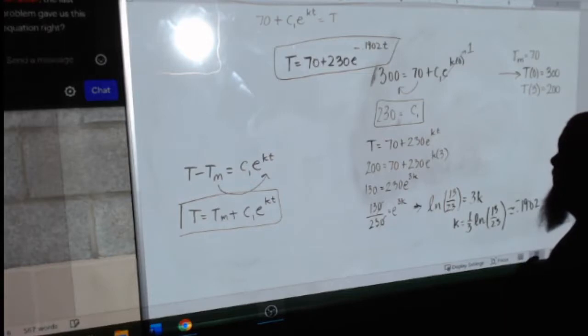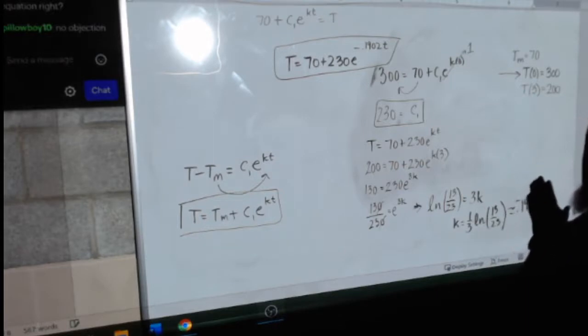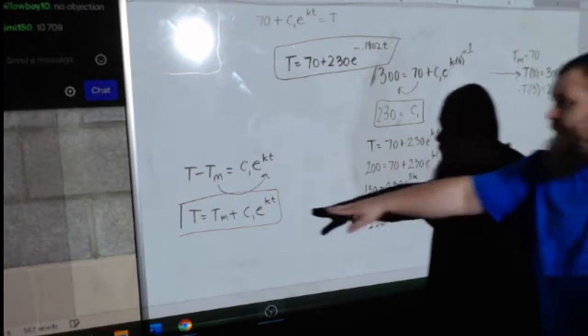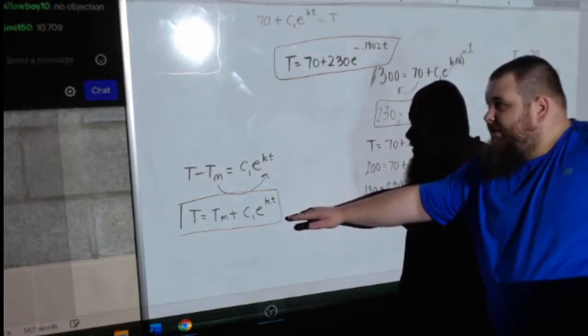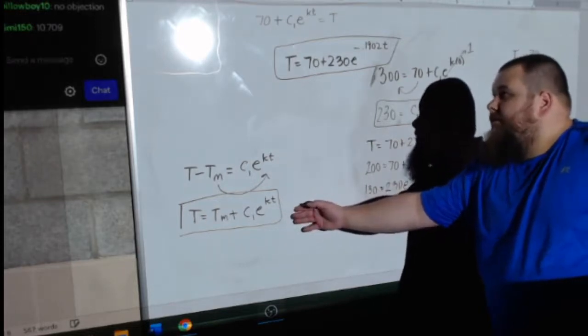The last problem gave us this equation, right? To start the problem, I solved the equation, which was this guy. So you would need to do this each time you were given a Newton's law of cooling problem, at least for the test.